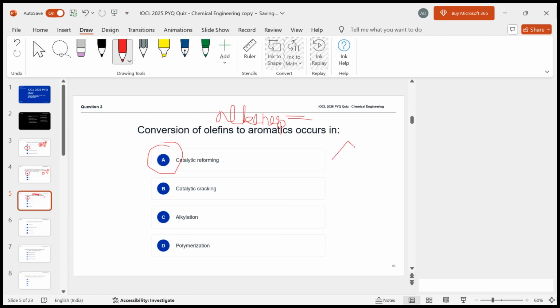When there is a conversion to aromatics, like benzene, or toluene, which is the ring with CH3 attached. So the conversion of olefins, that is alkenes, to aromatics occurs in catalytic reforming, with the help of a catalyst.